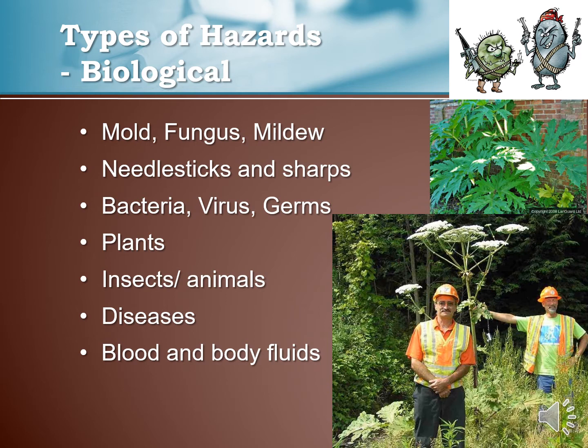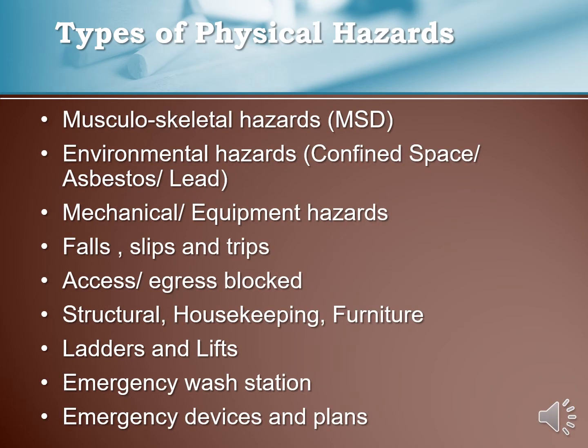For example, you may note improper or lack of appropriate personal protective equipment or procedures and training for cleaning of biological hazards. Physical hazards would be things like musculoskeletal disorders. Examples would be physical elements that can result in such things as awkward postures, force or repetition, vibration, contact stress, or temperature.